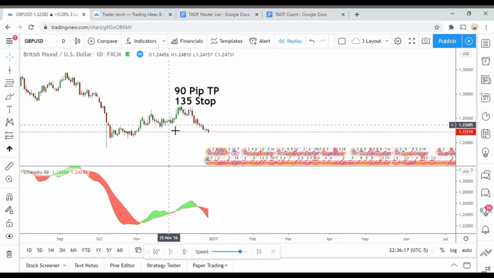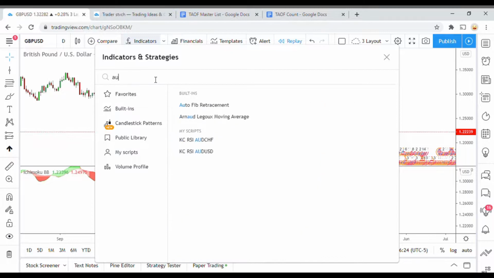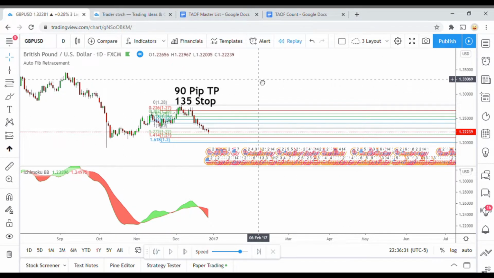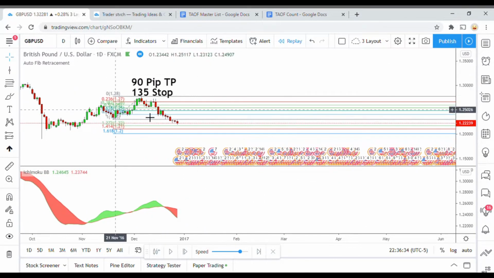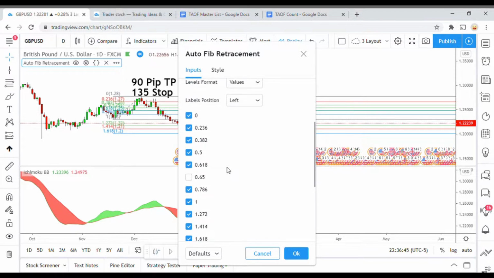If you're not greatly familiar with Fibonacci, there is this indicator here that gives you an auto Fibonacci that you can throw on screen, and you really don't have to do anything specifically to it yourself.